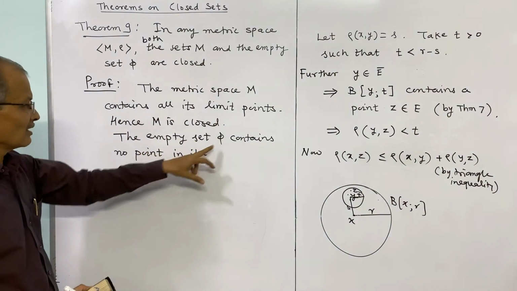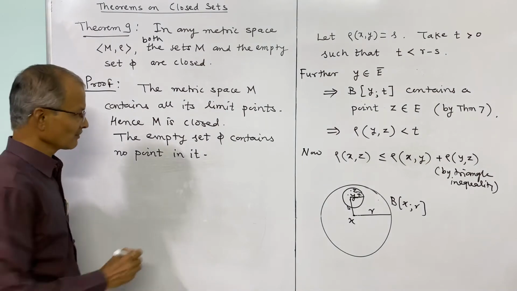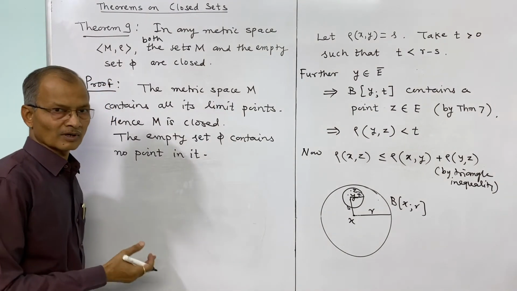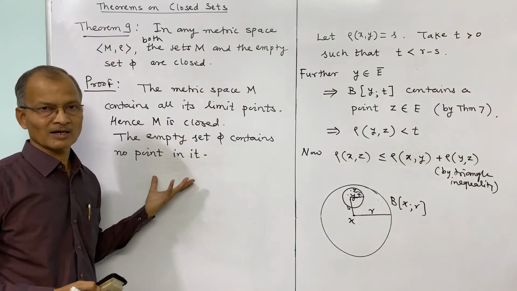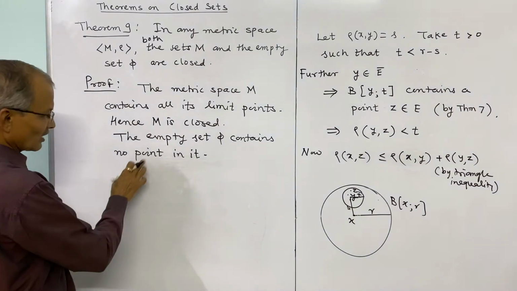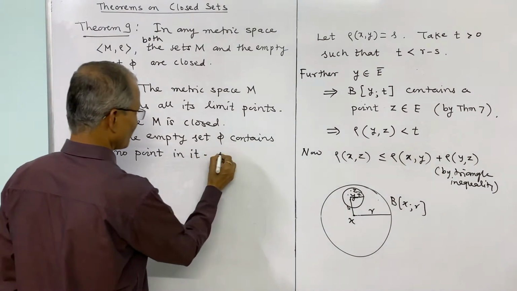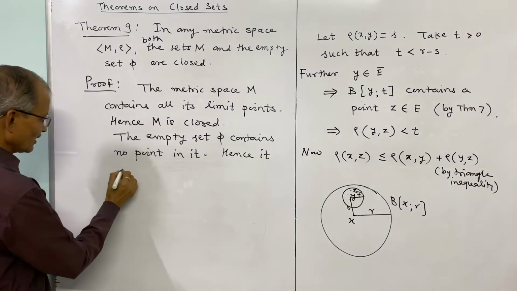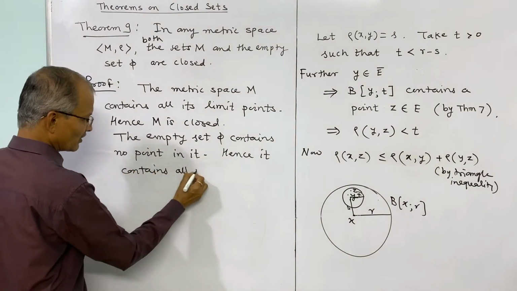So the empty set contains no point, and hence it contains all its limit points. Because there is no sequence formed, there is no limit formed, and therefore we can't say that it does not contain a limit point. It does not contain a point, but it contains all its limit points.